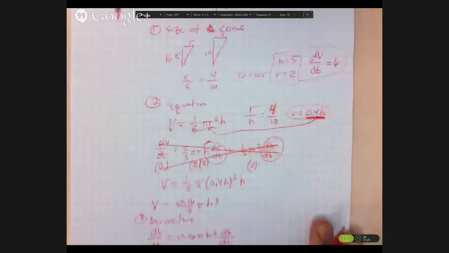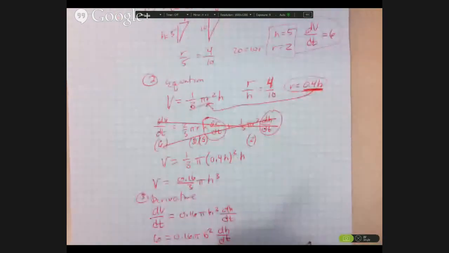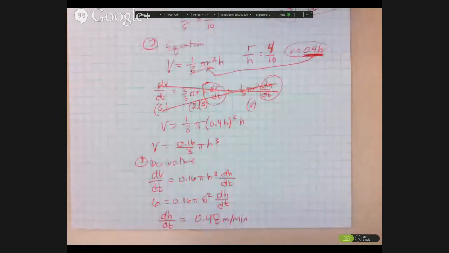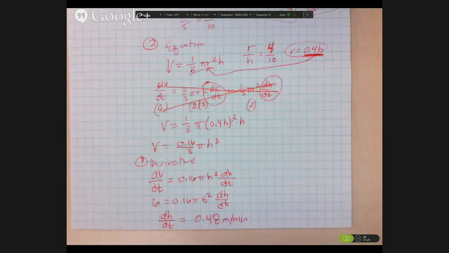The water level height. Yeah, the water level. That's what you should get. dV/dt is 6. We did determine that.